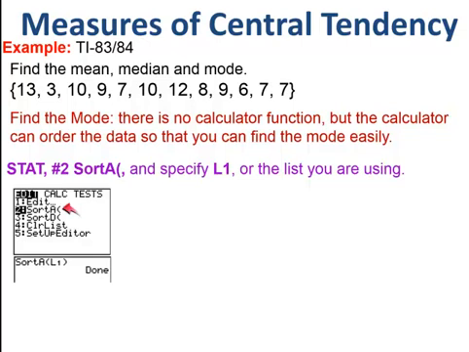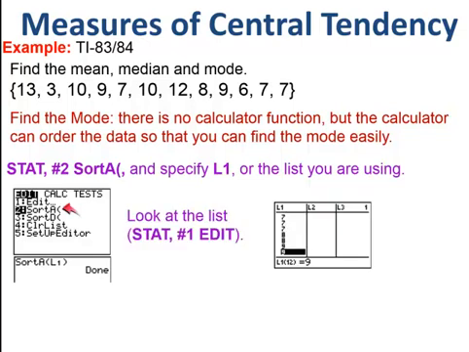And you would choose to sort the L1 where you put the data, and then when you go into that sorted list, you can see which number is repeated the most. And in this case, the mode would be 7. So again, sometimes the mode is just easier done just by looking at the original data versus looking at the calculator.